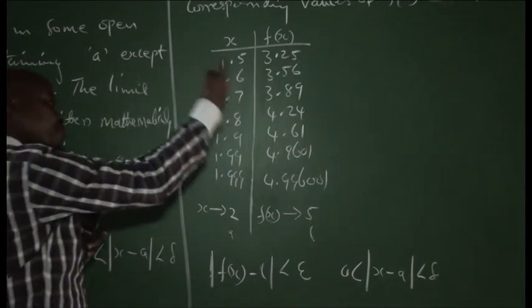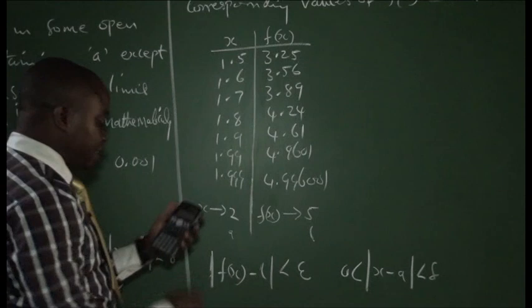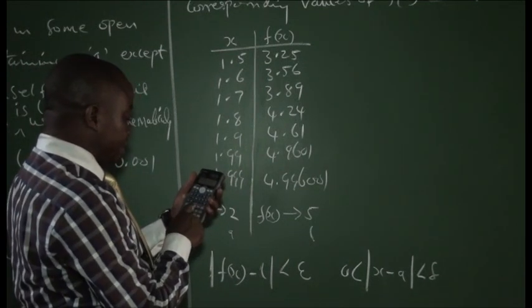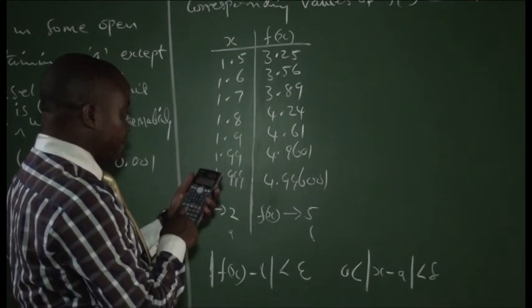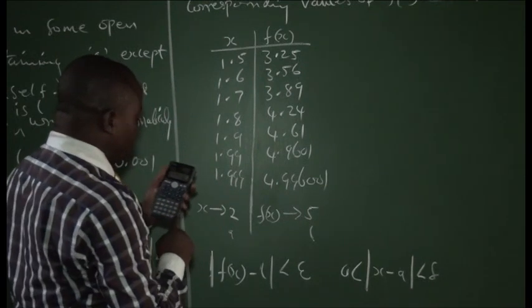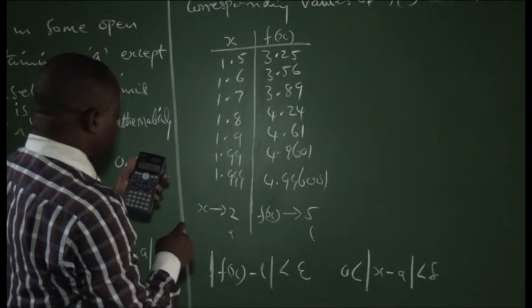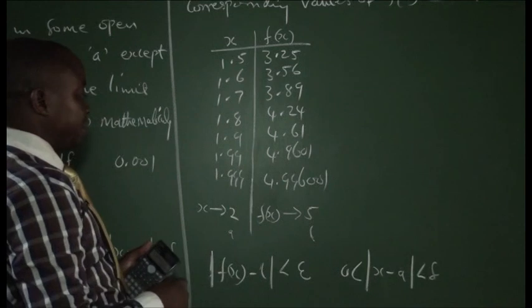Can we find something like that here? Look at 4.996001 minus 5, because L is 5. It would give us 0.003999.